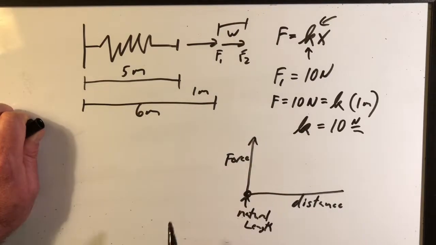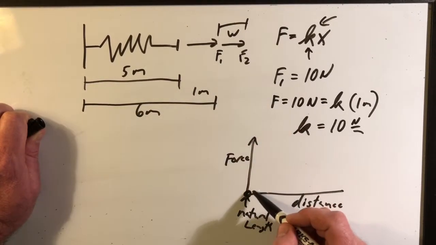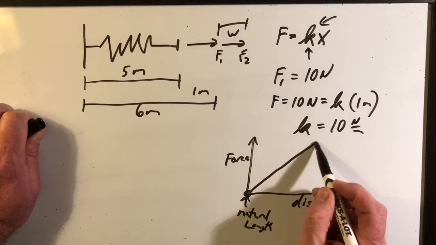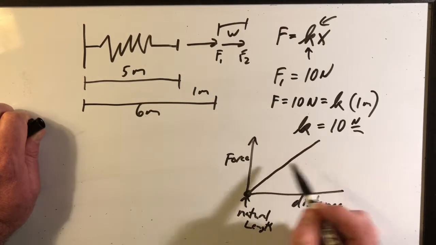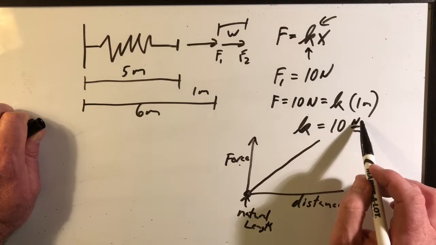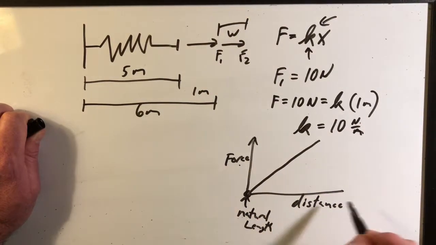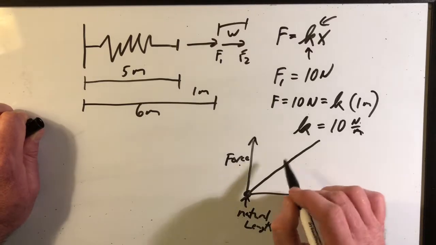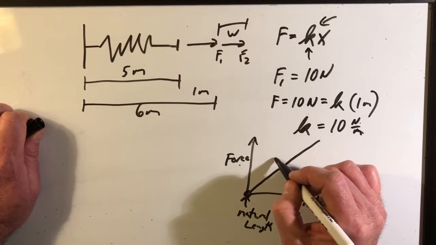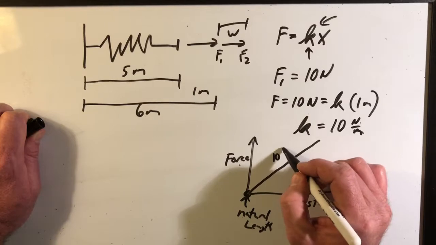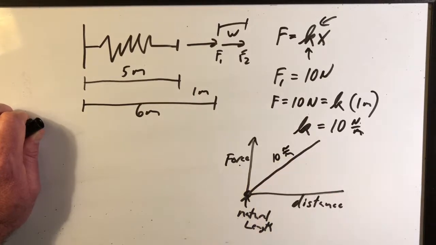So I'll be subtracting 5 meters off of everything. But then your K is just going to be your slope coming up. So it's a change in y, which is force, over change in distance, or x. So in this case, that slope equals 10 newtons per meter.